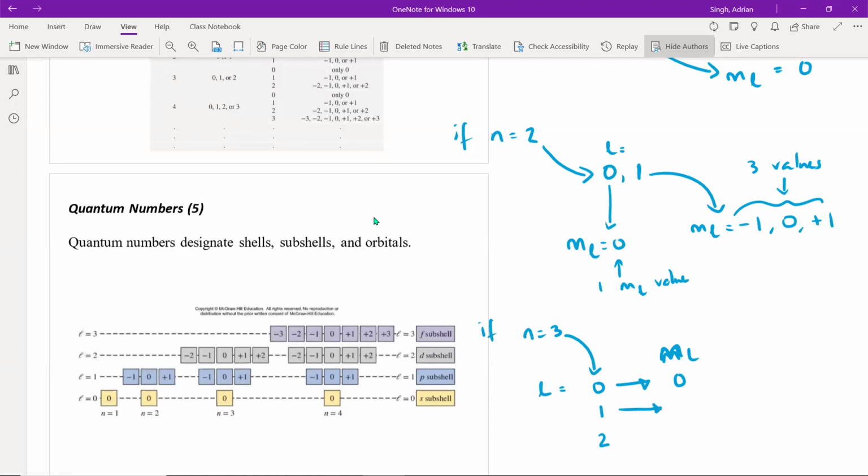For l equals 1, my m sub l can be -1, 0, and +1. So we're going to have 3 of these m sub l values. And for l equals 2, now I have -2, and I keep going, increasing by 1 every time: -2, -1, 0, +1, and I go to positive l, which should be +2 in this case. So now I have 1, 2, 3, 4, 5 m sub l values.